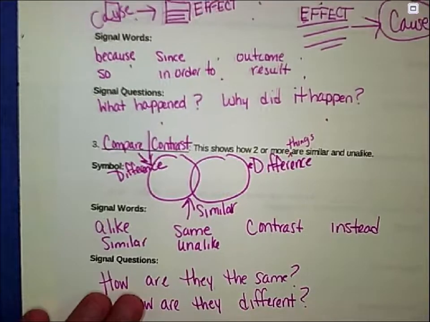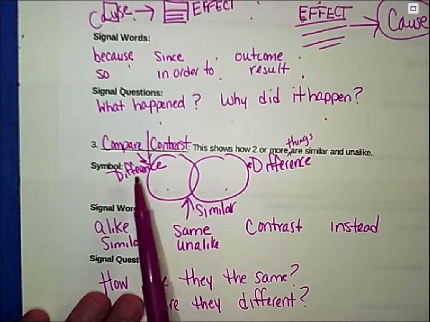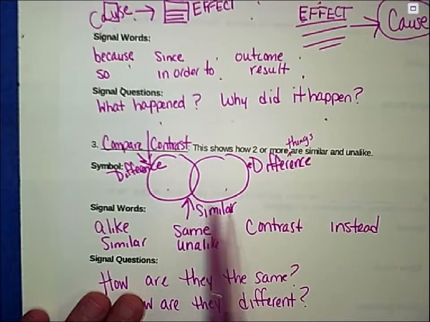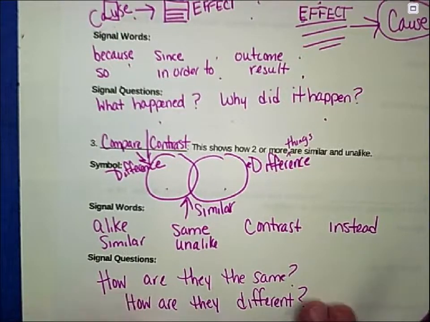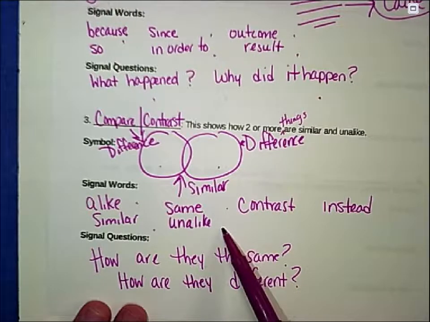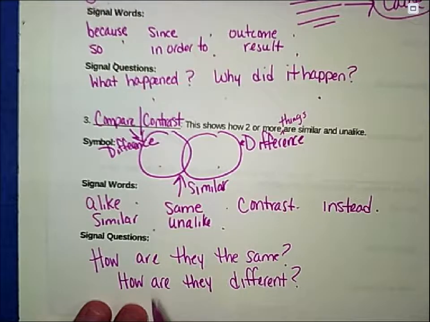Okay, so I gave you the picture of the Venn diagram, and I labeled it difference and difference, and I had the similar in the middle. Some signal words would be alike, similar, same, unalike, contrast, and instead. And our signal questions, we had two: how are they the same?